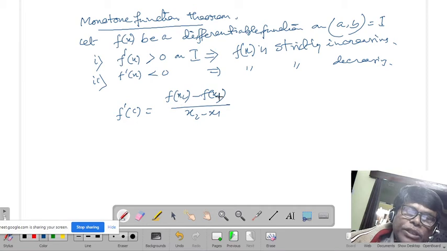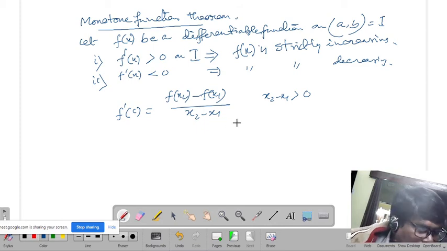If f(x2) is greater than f(x1), then f dash c is greater than 0, and this implies that x2 minus x1 is greater than 0. Now x2 minus x1 greater than 0, we have distinct points. x2 minus x1 is two distinct points.